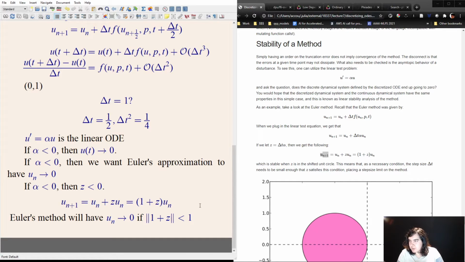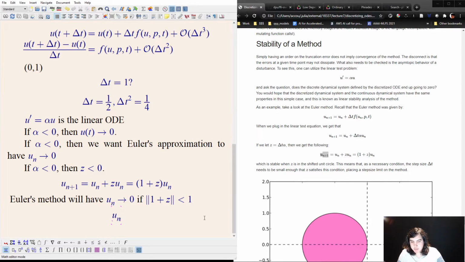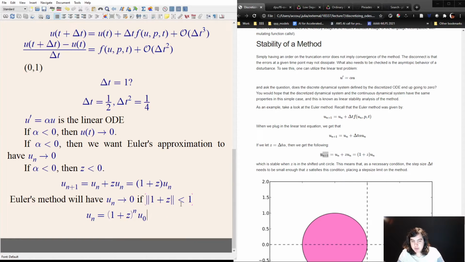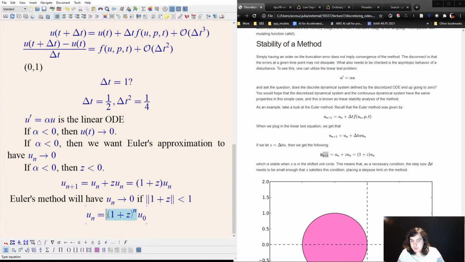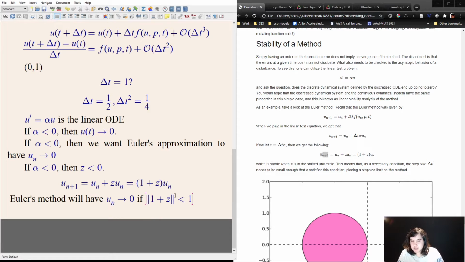In order for this to go to 0, because the analytical solution is u_{n+1} = (1 + z)^n u_0, we need the norm to be less than 1 for the norm of the solution to be decreasing.